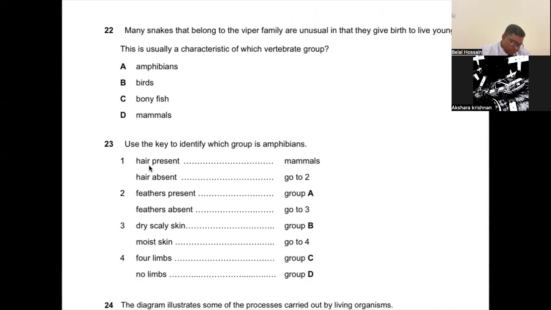Okay, try number 22. Many snakes that belong to the viper family are unusual in that they give birth to live young. This is usually a characteristic of which vertebrate group? Giving birth to young is only a characteristic associated with mammals.